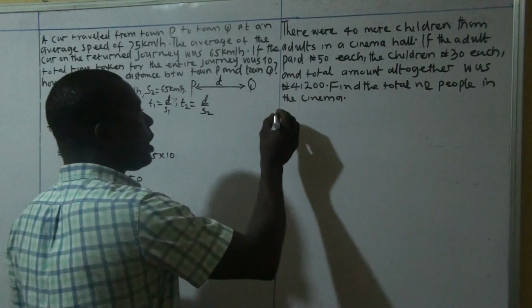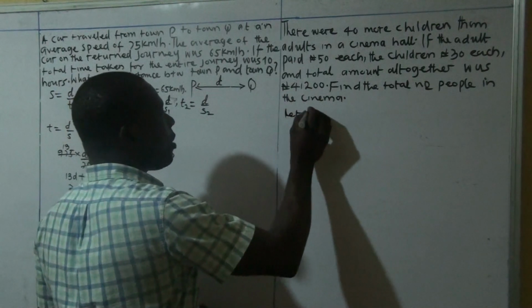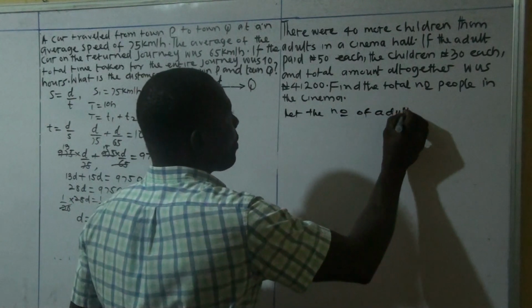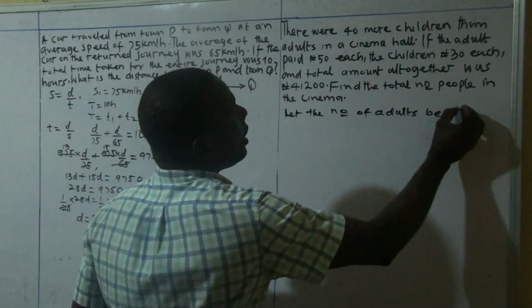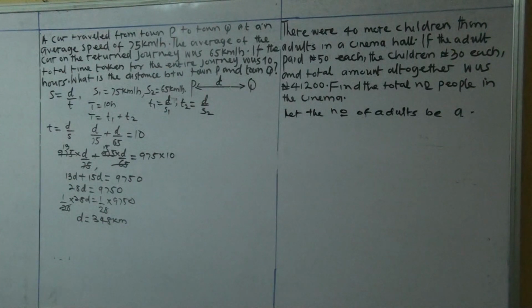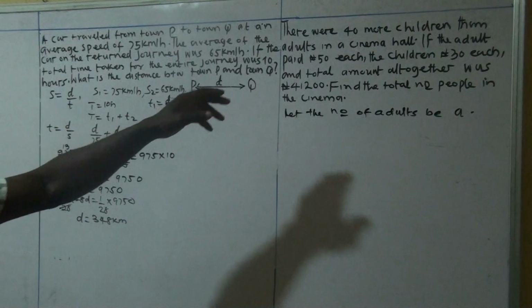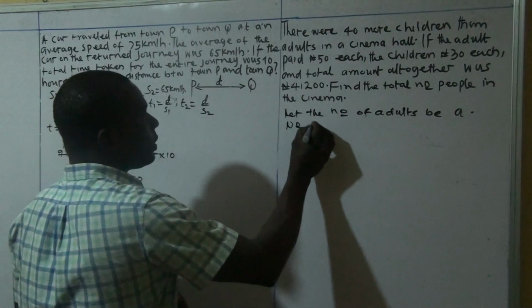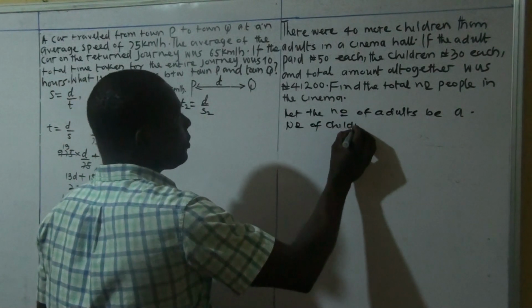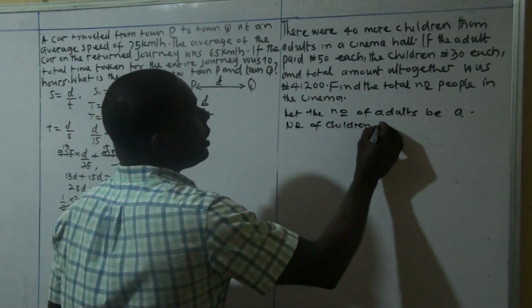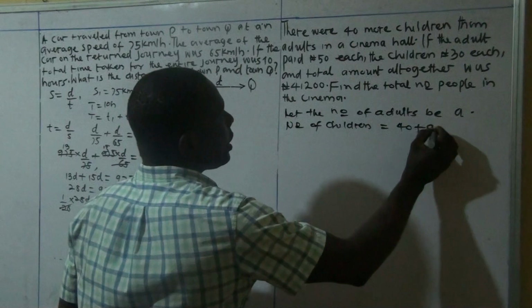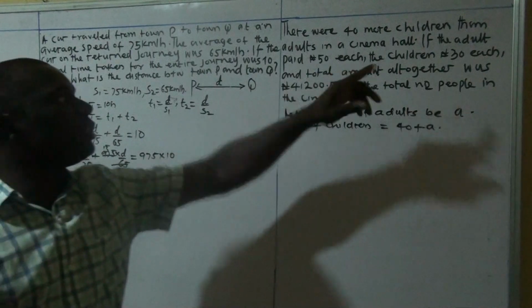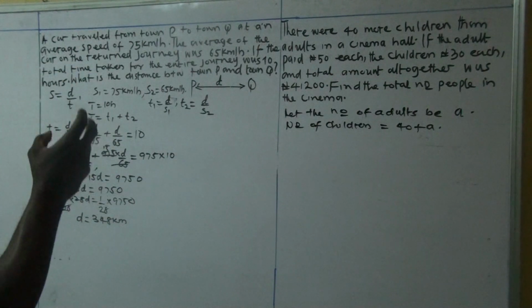So first of all, we relate it in this way: let the number of adults be A. So if we have A adults, that means the number of children will be 40 plus A. And each adult paid 50 naira, and the children paid 30 naira each.